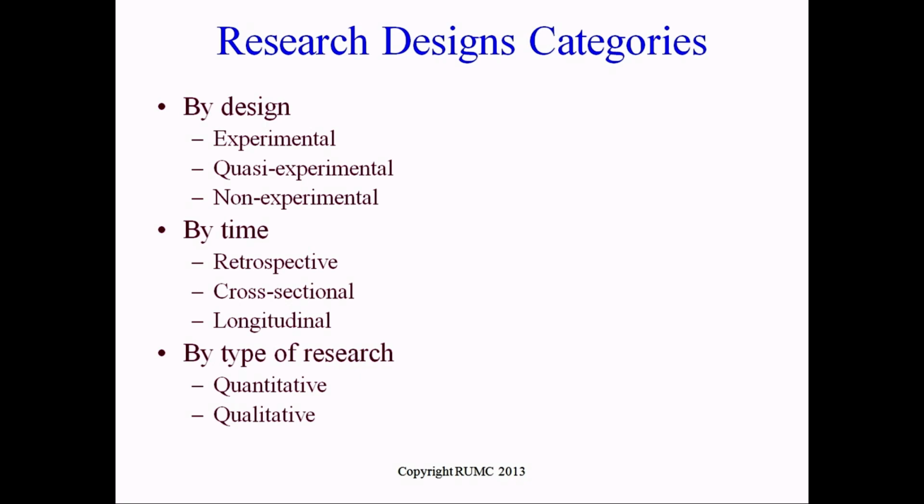So there are three ways that you'll see study designs referred to, or there's three ways of categorizing them. They can be categorized by design, experimental, quasi, non-experimental, by time, or by type of research.